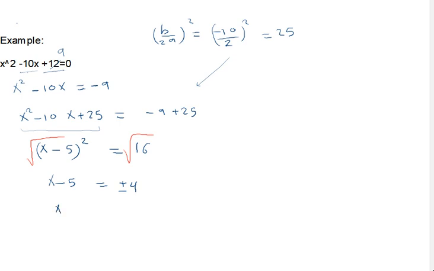When it is plus 4, then x equals 4 plus 5, x equals 9. When this term is minus 4, then x will be minus 4 plus 5, then x equals 1. Both of them are solutions for the same equation.